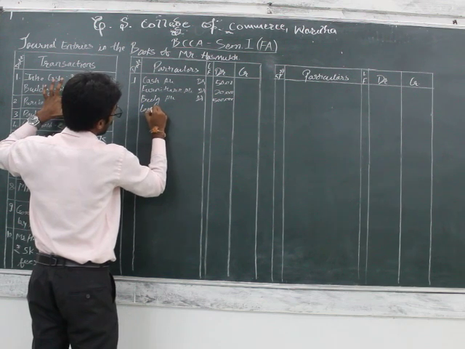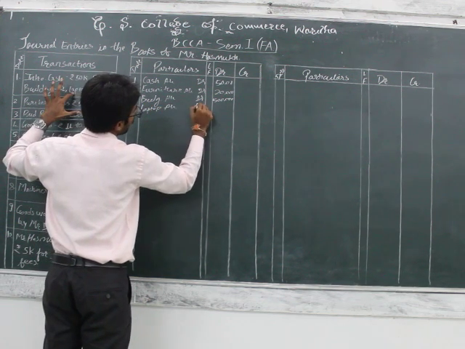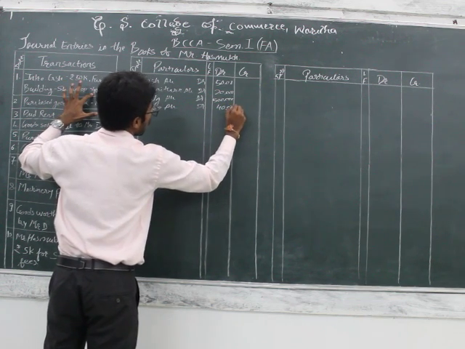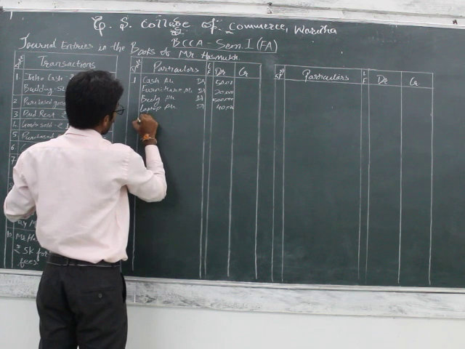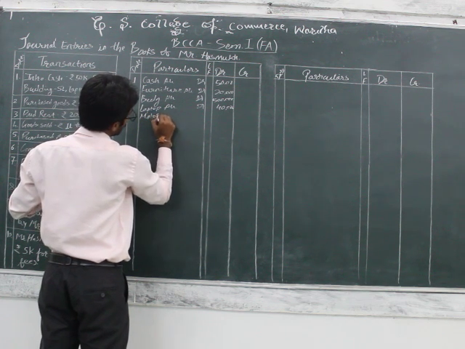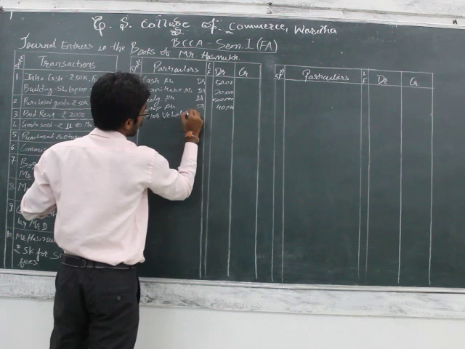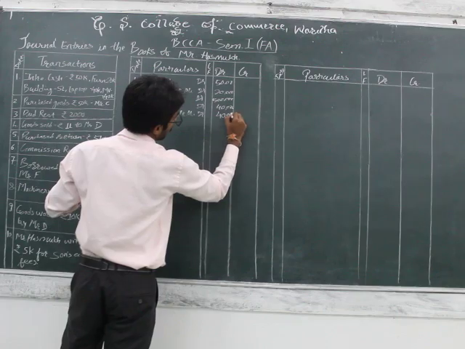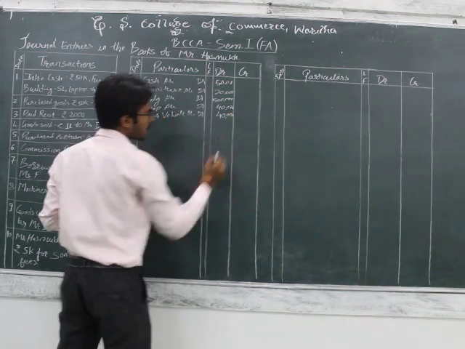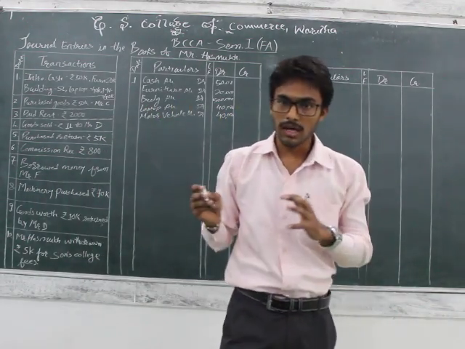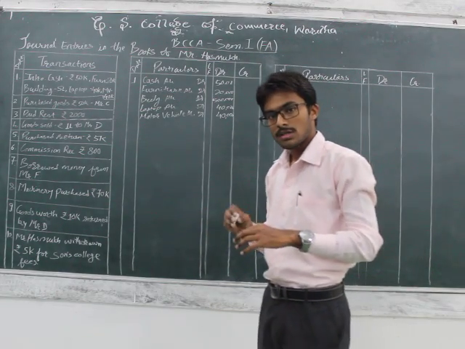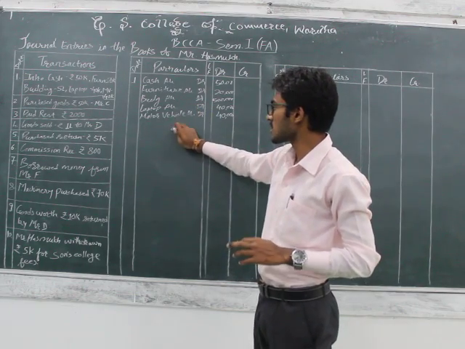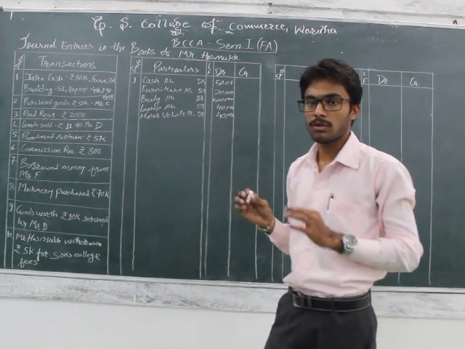Laptop account with rupees 40,000, and lastly the motor vehicle account debited with rupees 40,000. These we have all debited. Why? Because these are all assets, and when an asset comes into the business, we have to debit it. These are all assets coming in, so that's why they will be debited.